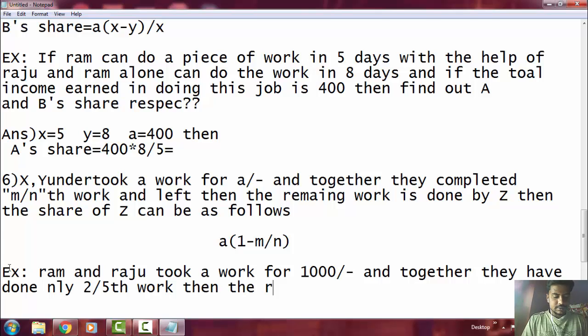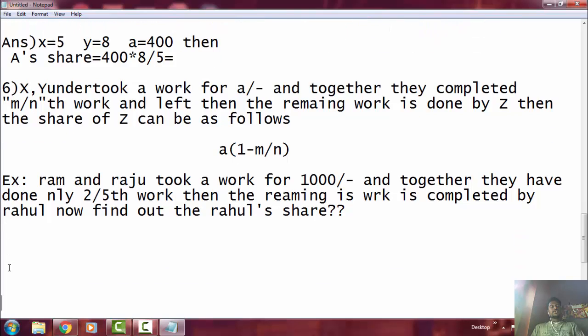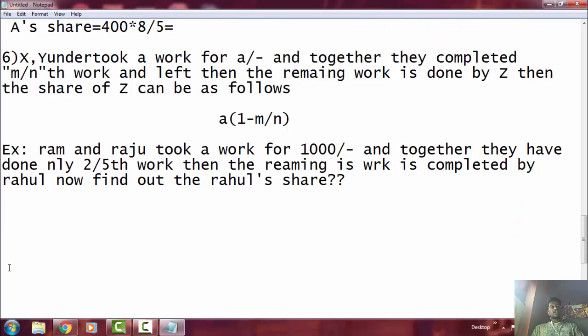Then the remaining work is completed by Rahul. Now find out Rahul's share. Okay, the formula is ahead of you. The question is in sync with the formula. You can do it. So guys, these are the basic concepts you will be encountering in work and wages.